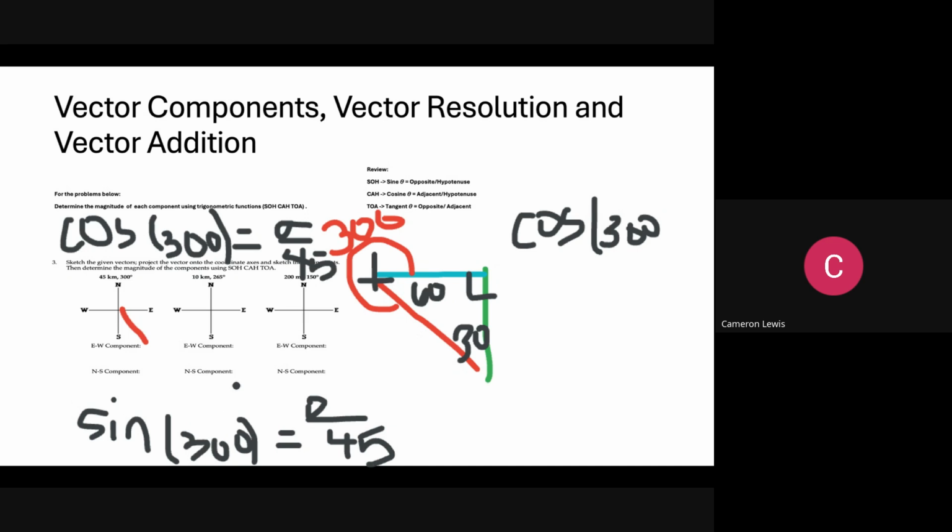If I see division, I do what? Multiply. So now all we're going to do is multiply 45 by the cosine of 300 and 45 by the sine of 300. Do it real quick and tell me which numbers you get. Do you get the same answer? You should get 22.5 for the first one, and for the second one, you should get around 39. And if you get that, let me know.